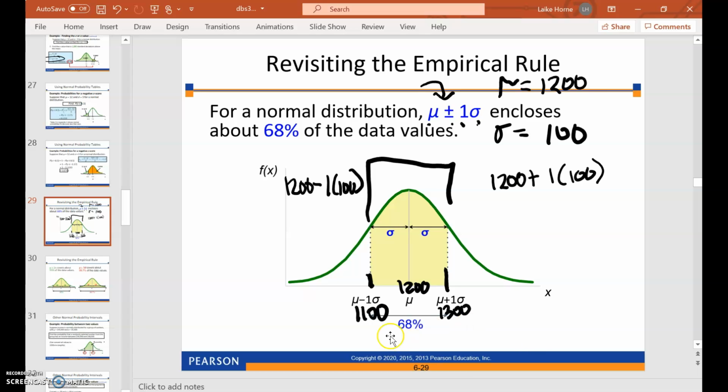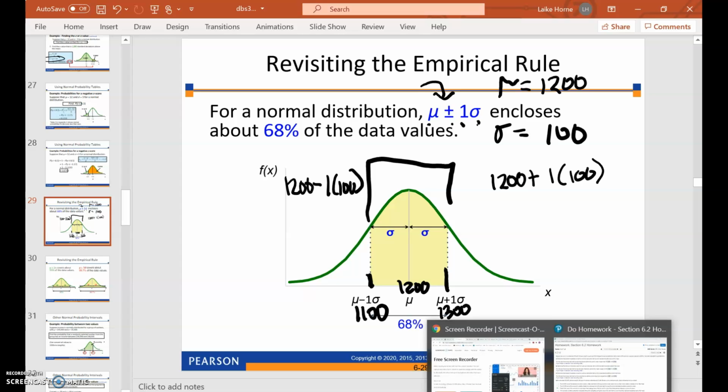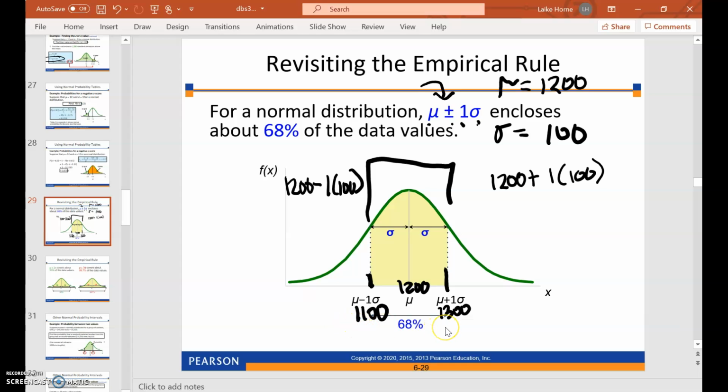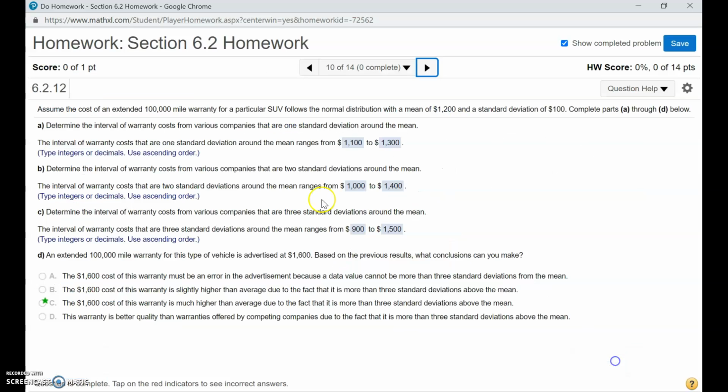So our interval for one standard deviation of the mean is between 1,100 and 1,300. And the empirical rule says that 68% of the values would fall between 1,100 and 1,300.